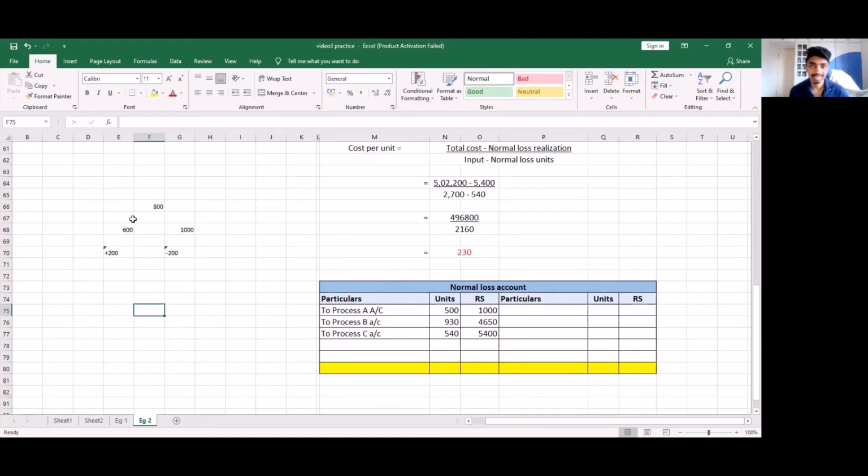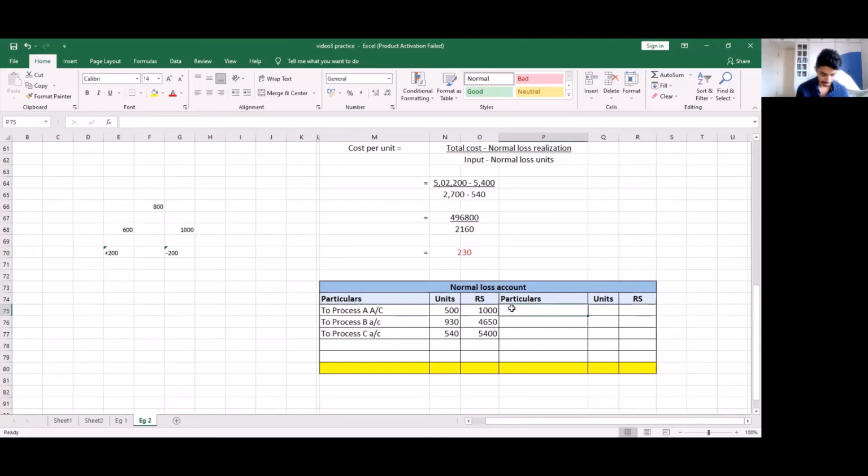So we will get the scrap realization only for 600 units. But in case of our abnormal loss, the entire 800 units will realize a scrap value because our abnormal loss is over that of the normal loss. So here we will realize the entire cash for 800 units.